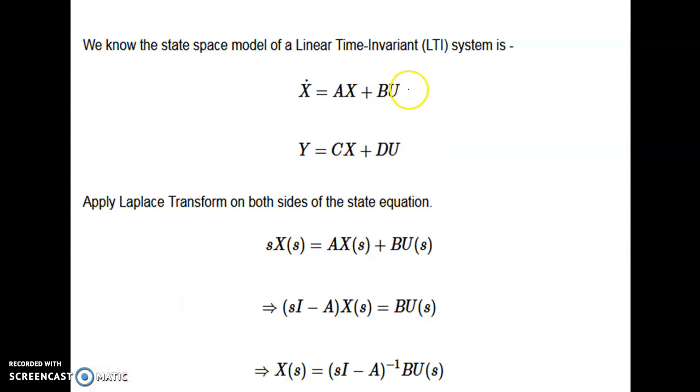This is the state equation, and y is equal to Cx plus Du is the output equation.